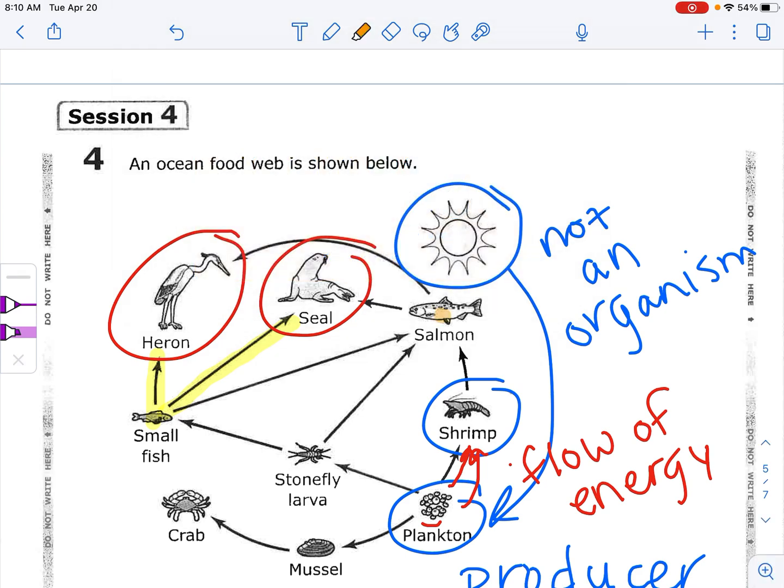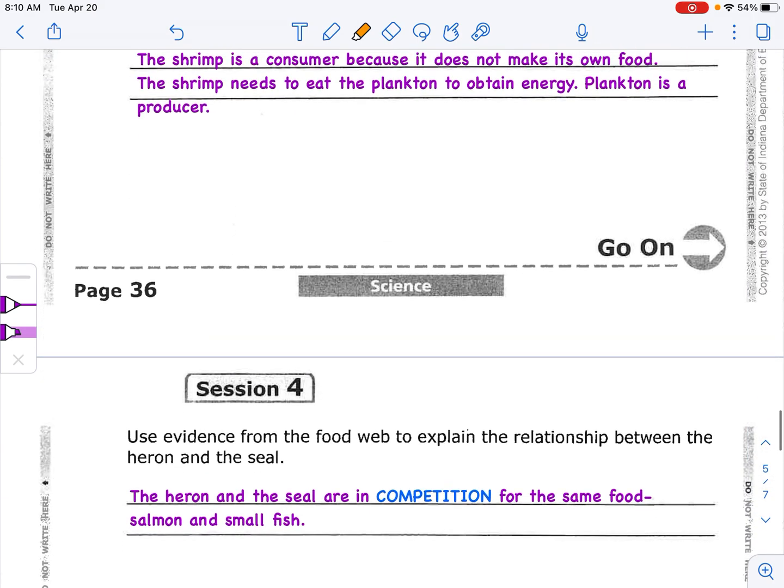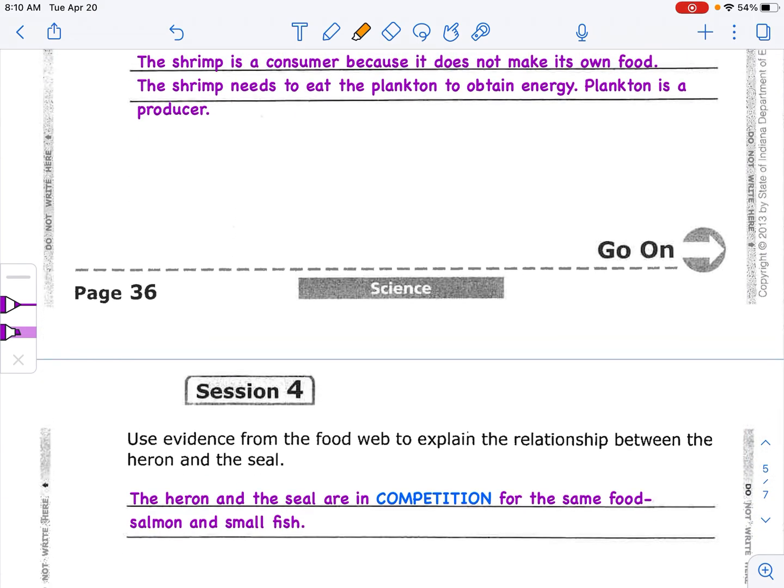They like to eat the same types of food. So they both get their energy from eating the small fish and the salmon. All right, so what does that mean for their relationship? The heron and the seal are in competition for the same food, the salmon and the small fish.